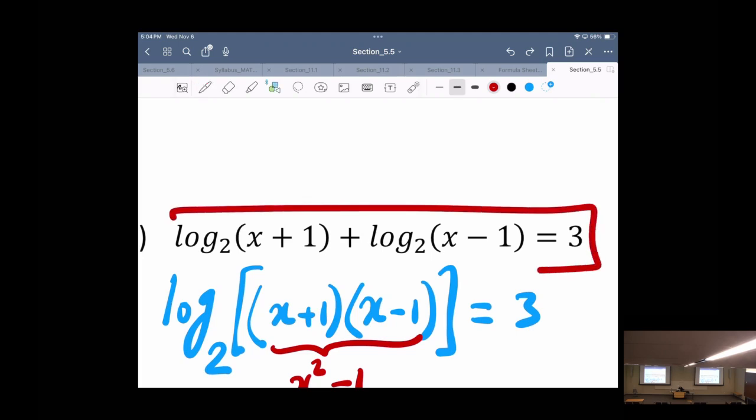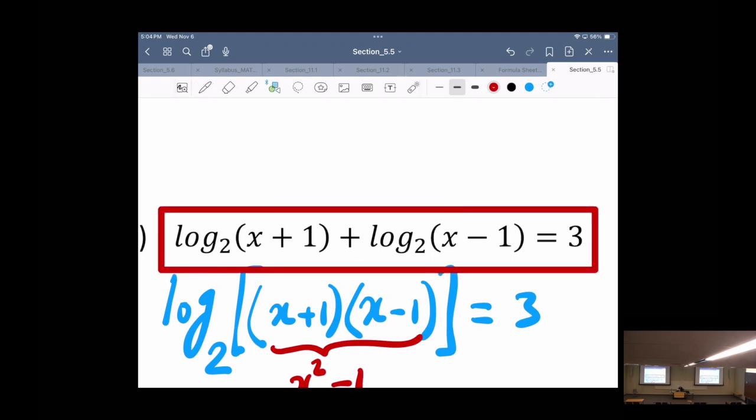So plug in positive 3. Positive 3, positive 3. Everything is good. So log of 4 to base 2 is okay. Log of 2 to base 2 is also okay, right?